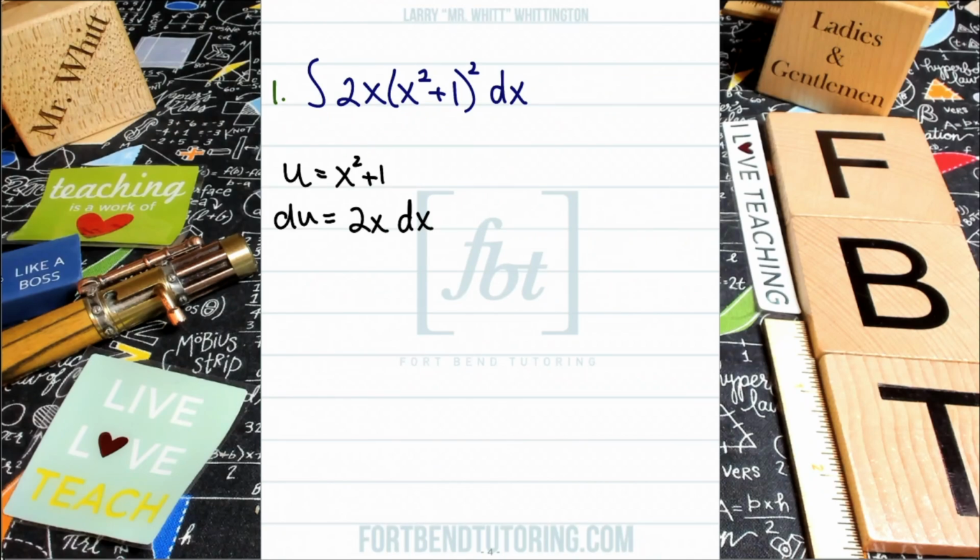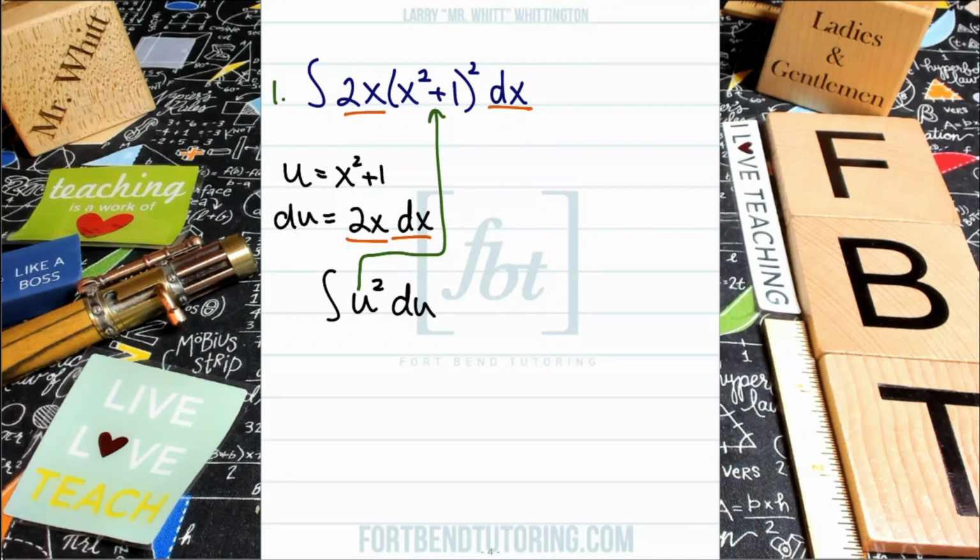So what we want to highlight now is that we can find 2x in our original integral. We can also find dx in our original integral. And with this, we can now rewrite the original problem as the integral of u squared du. Notice that this u is being represented by the x squared plus 1, right?